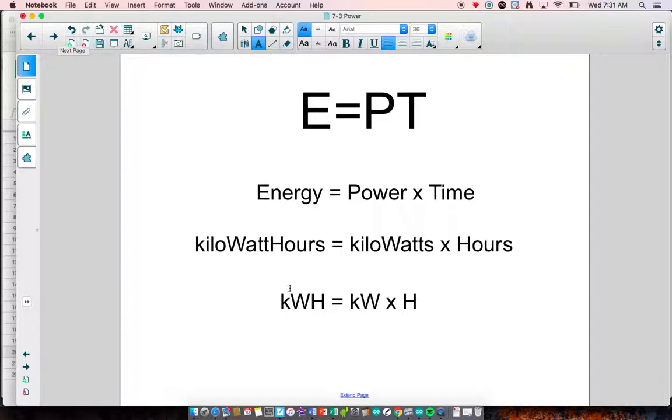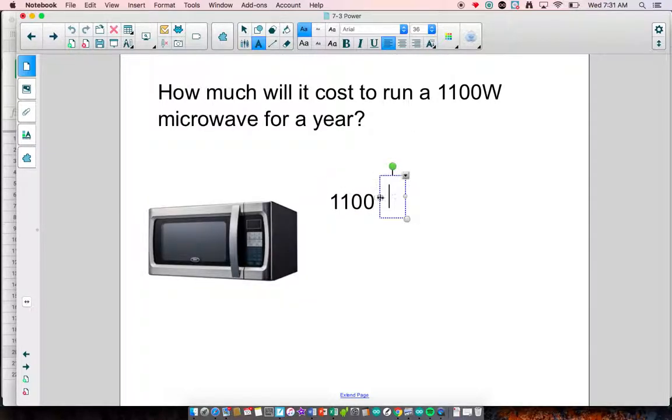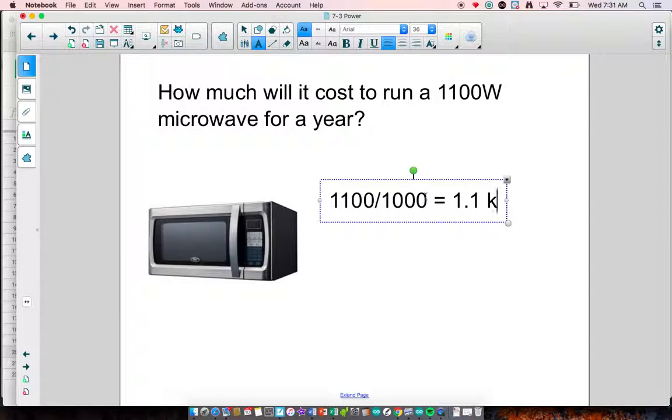To find kilowatt hours, you need kilowatts times hours. Okay, so you do 1100 divided by 1000, because there are 1000 watts in a kilowatt, to get 1.1 kilowatts. Great, super. Okay, so we know that we're using 1.1 kilowatts.